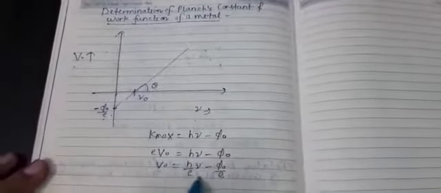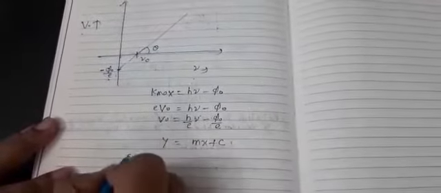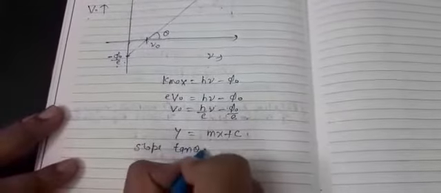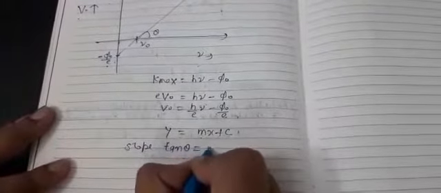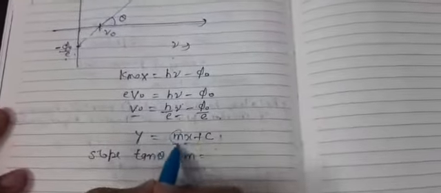So V naught equals h upon e nu minus phi naught upon e. So this is the equation. Now let me compare it with the straight line equation. So the slope of this graph, or tangent theta, is represented by this. If you compare, this is y, V naught, this is x, nu, so slope क्या हो गया, this is h upon e.